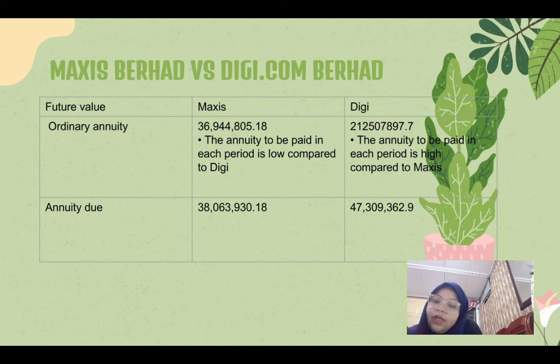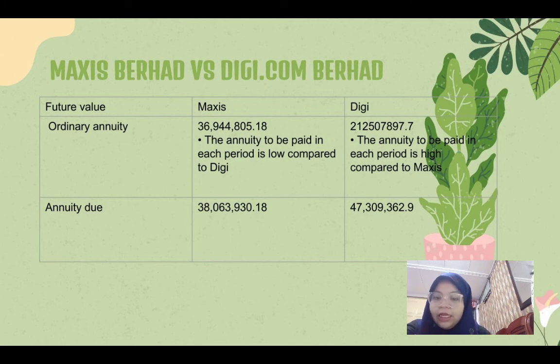Future value for annuity due, Maxis got a value of 38,093,930.18, while DiGi got a value of 47,309,396,836.9. This shows the payment made at the beginning of each period in the series.